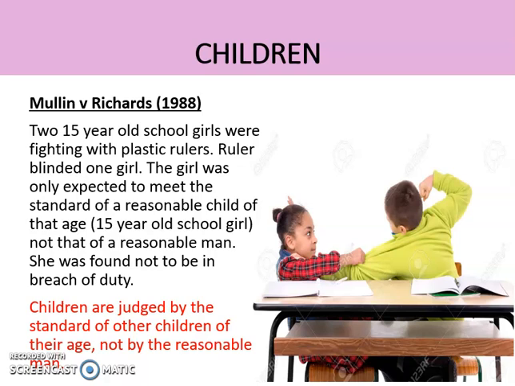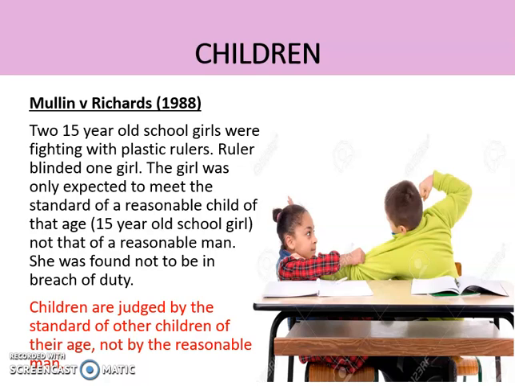In the case of Mullin v Richards, we had 15-year-old girls and they were play fighting with plastic rulers. And one ruler snapped and blinded one of the girls. And the issue was, had one of these schoolgirls breached her duty of care?